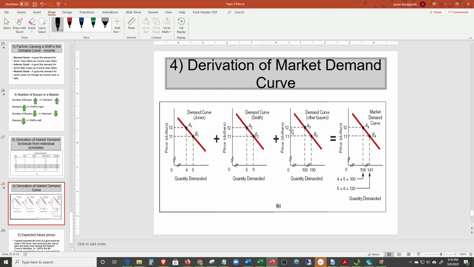Here you can see we're adding up all the different demand curves of each individual buyer. So the more individuals you add, the more this demand curve will shift outward. Okay.